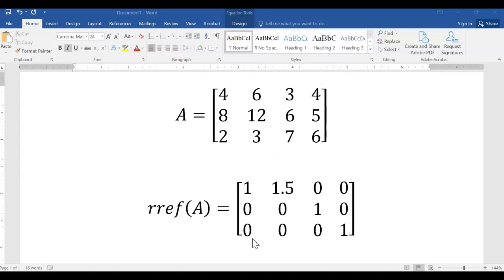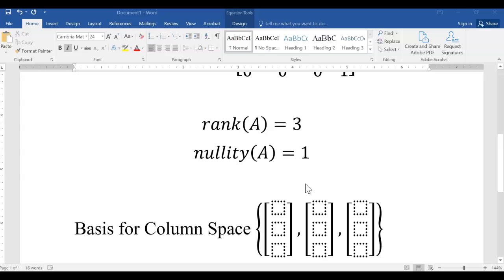Okay, let me go through just to remind you about the basis elements. If you're trying to find the basis for the column space, we know which pivot columns generate what I'm looking for. So 4, 8, 2 would be the first basis element, 3, 6, 7 would be the second basis element, and 4, 5, 6 would be the third basis element.